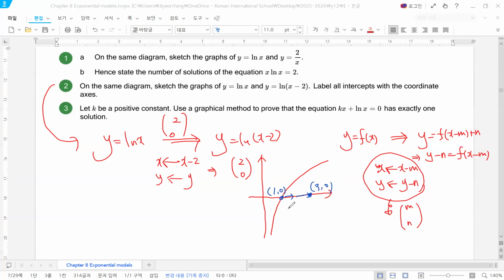Very good, (3,0). And then guys, this asymptote as well, which is x equals 0, is going to be moved 2 units as well. Do you understand? Students, please answer me, do you understand? So the graph is going to be shown in this way. Therefore, the asymptote of this graph changes to x equals 2 in this case. Okay.